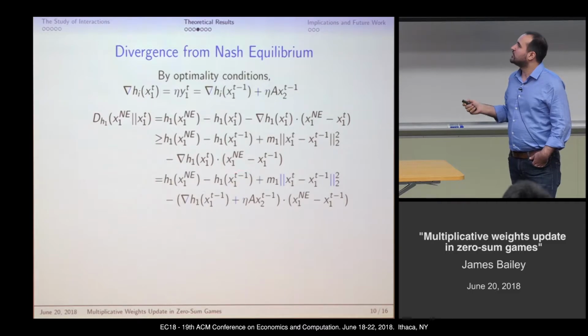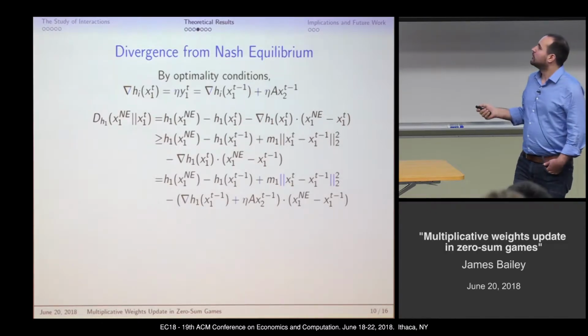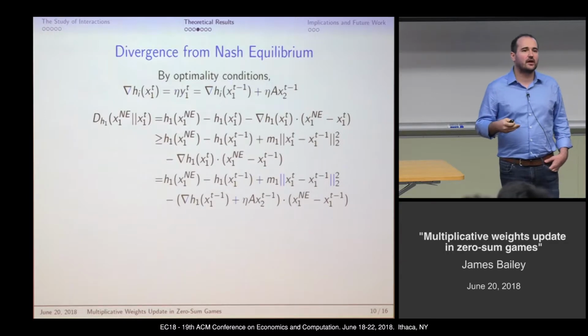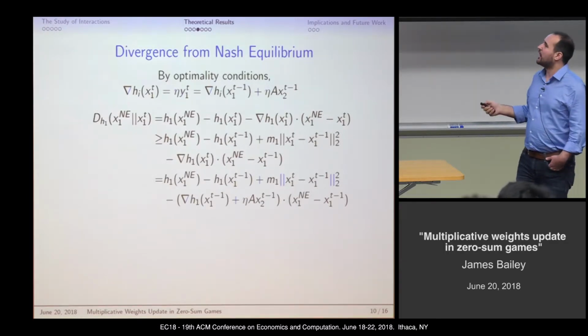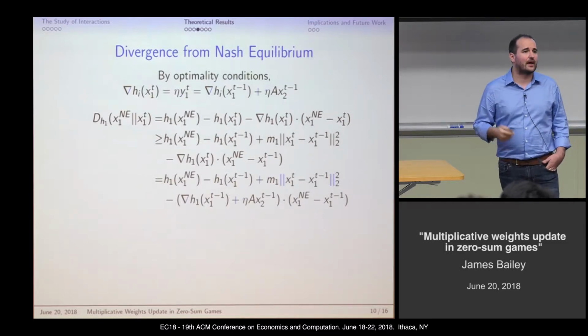These three terms precisely correspond to the Bregman divergence at time t minus 1, plus an amount proportional to how much the strategies actually change. And then there's a payoff from the games we play, and those payoffs are going to cancel out.